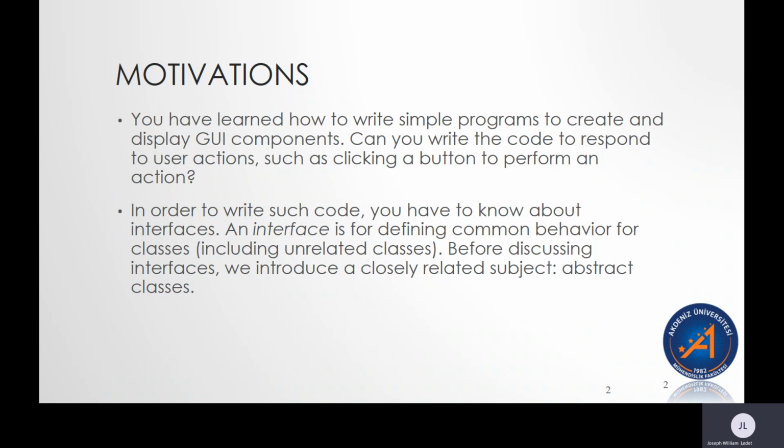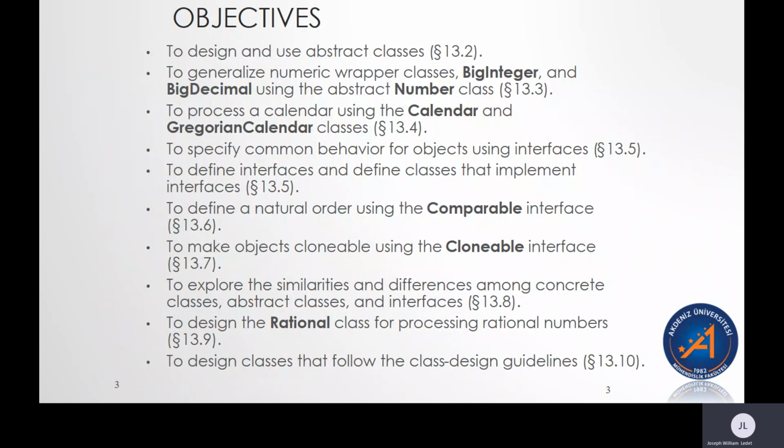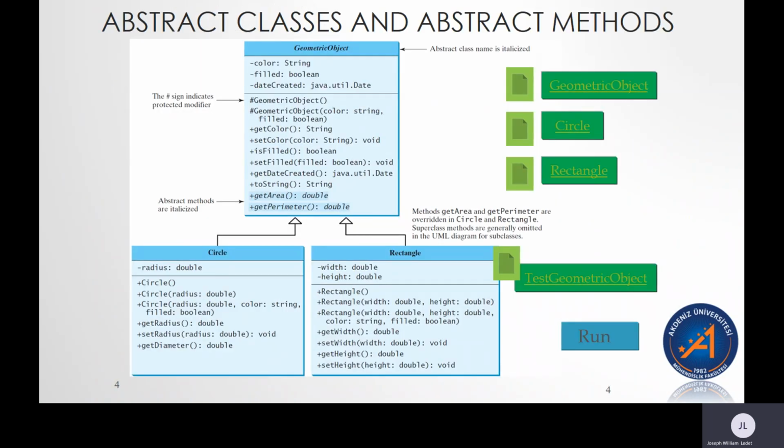All right. So some objectives of what we're trying to do: we created these classes and these parent and child classes. But what if the parent is more abstract, it's a concept?